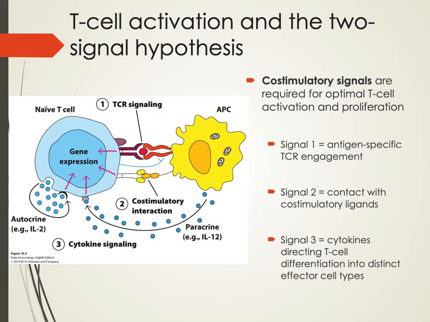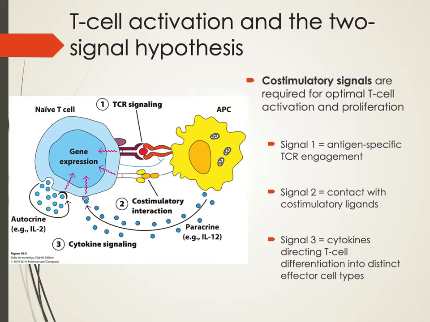So do be aware, for cytokine signaling, there is paracrine cytokine signaling produced from another cell and fed to our T cell. And we also have autocrine, where the cell is going to produce the cytokine that it senses, so by itself.